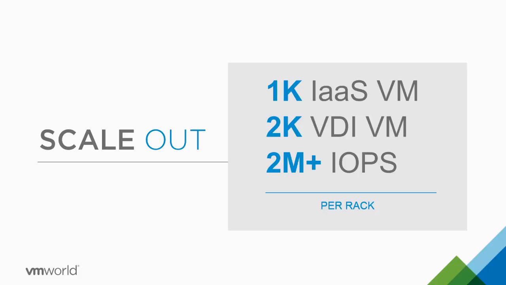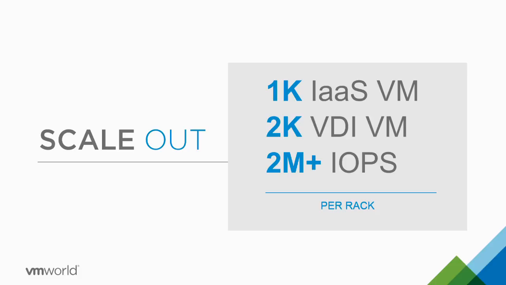With that kind of infrastructure, you can do infrastructure as a service and VDI concurrently in the same infrastructure. If you're just doing infrastructure as a service, you can support up to 1,000 VMs, assuming each VM has about 2 vCPUs, 8 gigabytes of memory, and about 90 gigabytes of disk storage.